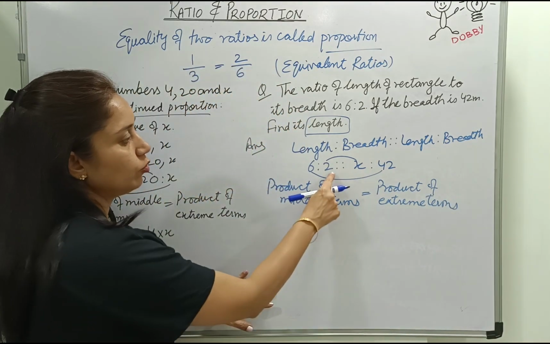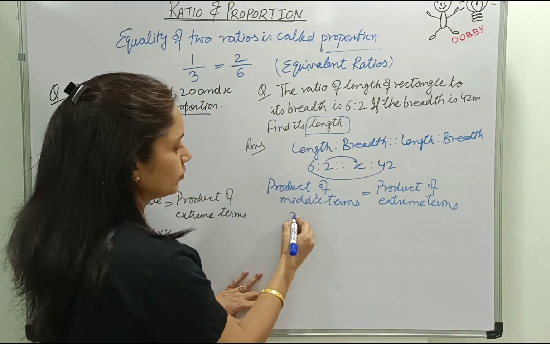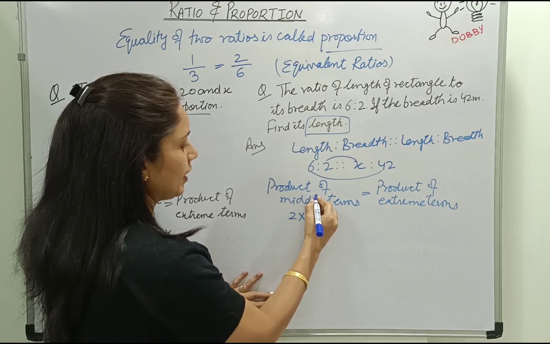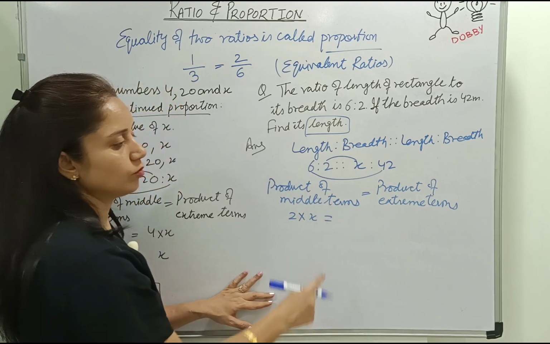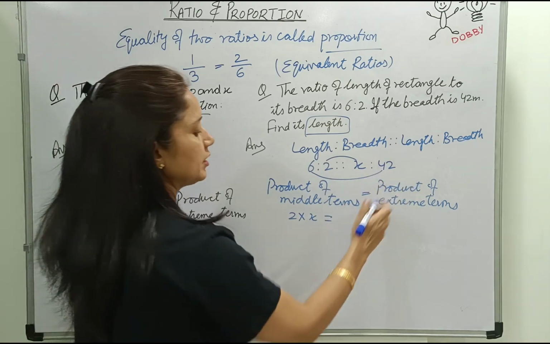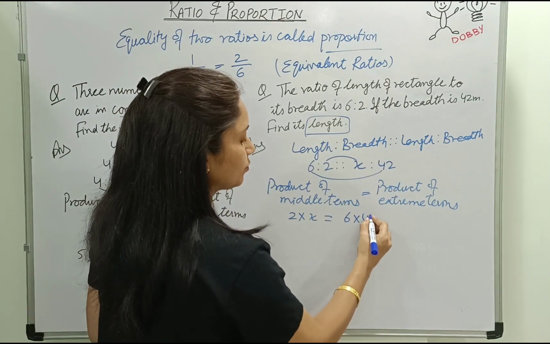Middle terms, 2 multiplied by x equals to extreme terms, 6 multiplied by 42.